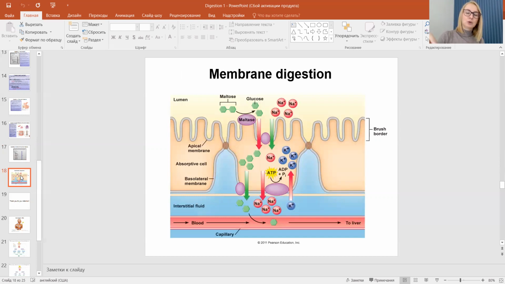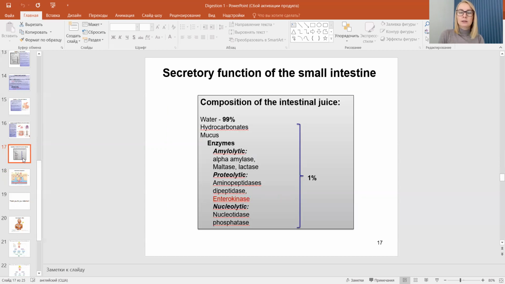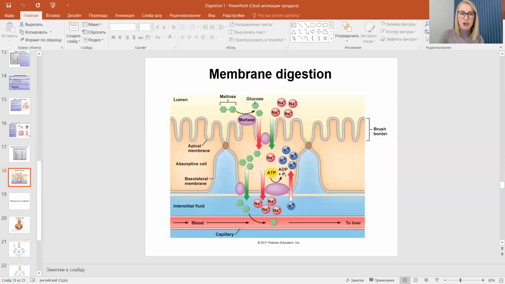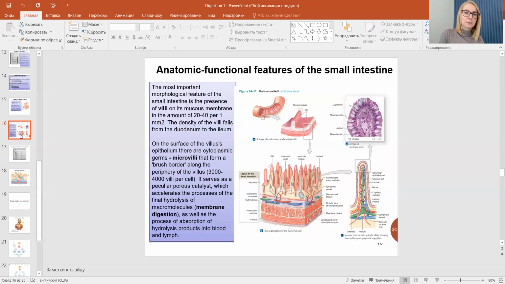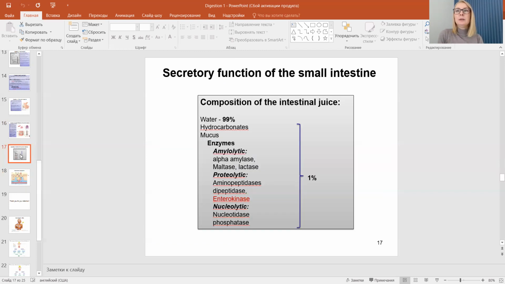And the last subtopic of today's lecture is secretion and digestion in the small intestine. The mucosa of the small intestine produces secretions that primarily contain mucus, electrolytes, and water.